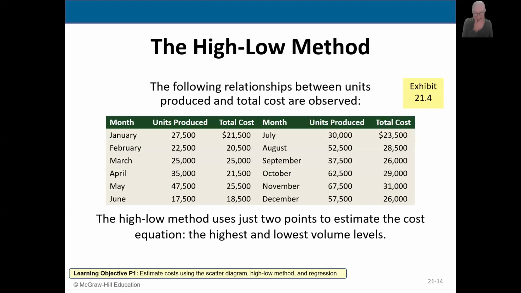Looks like November. I would agree with you. I think November is definitely the highest units produced. That's what it looks like, 67,500. Looks like the highest number out of these 12 months.